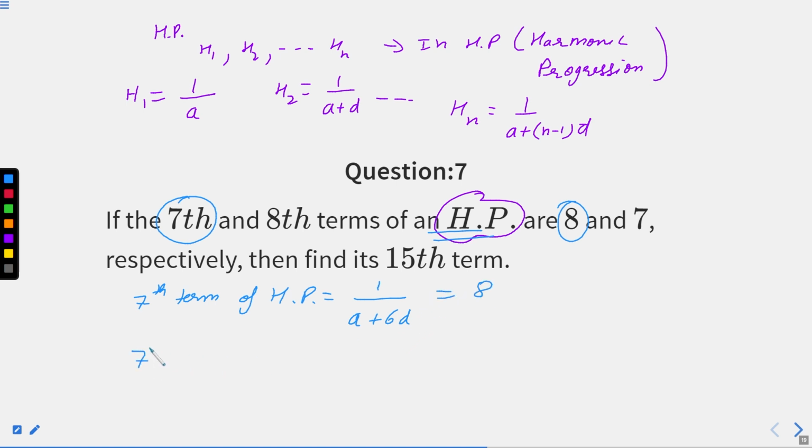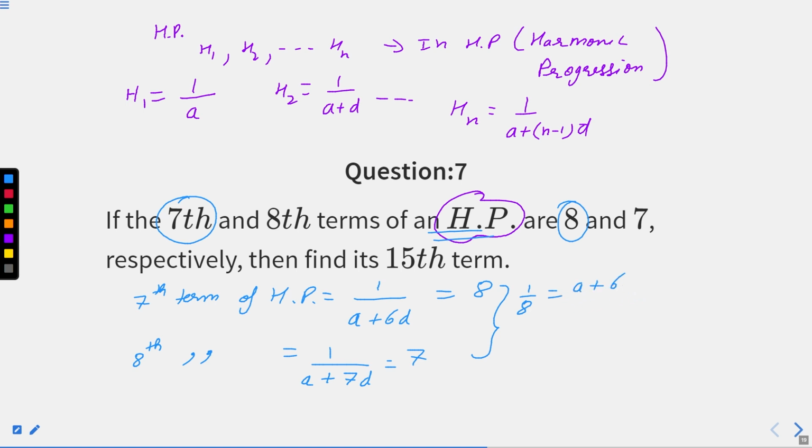Same with the 8th term. The 8th term of HP is 1 upon A, the first term in AP, plus 7 times the common difference of AP, and it is given as 7. From this information, I can easily calculate.